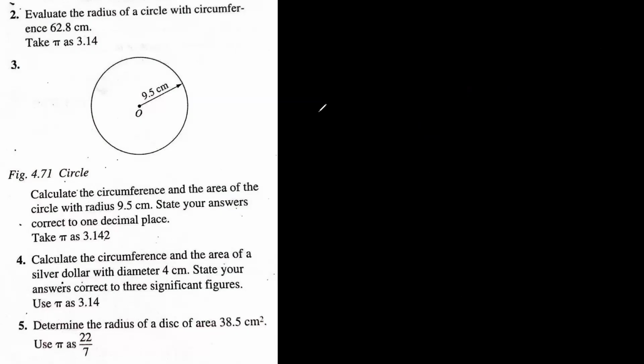Calculate the circumference and the area of a silver coin with diameter 4, but they want the answer to 3 significant figures. So in question 4, you could write D, the diameter, is equal to 4.